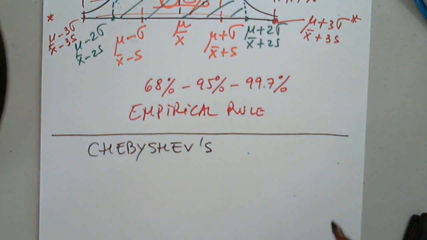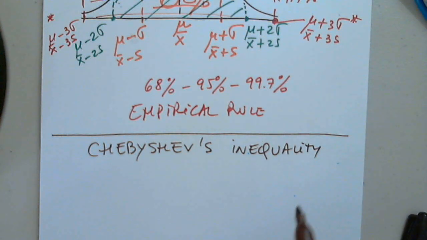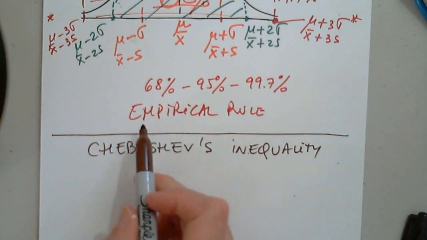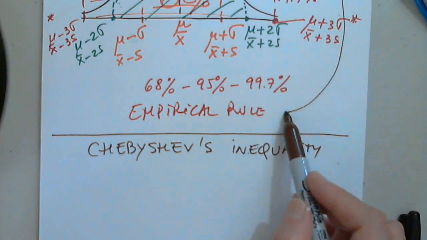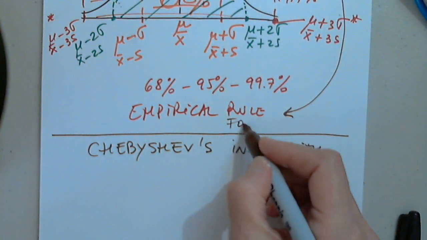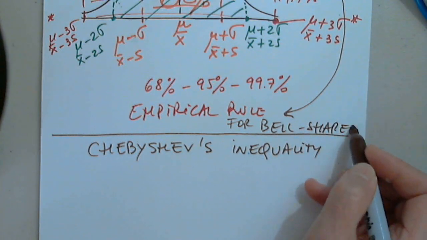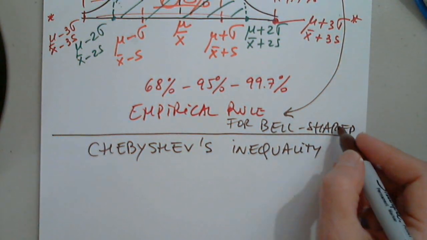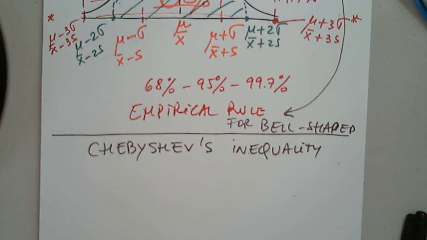Chebyshev's inequality. So remember, the empirical rule is for bell-shaped distributions. Don't forget, for bell-shaped. You cannot use this concept if the distribution is not bell-shaped.